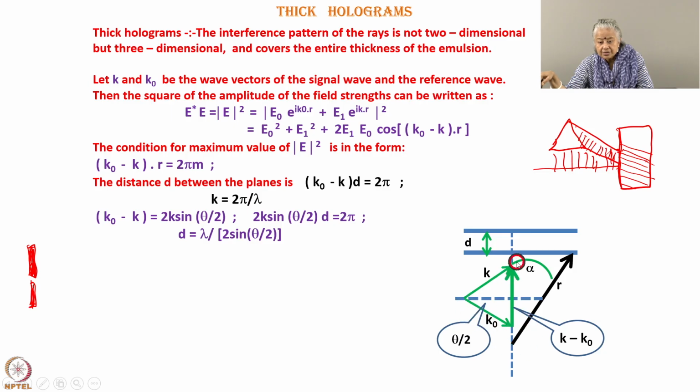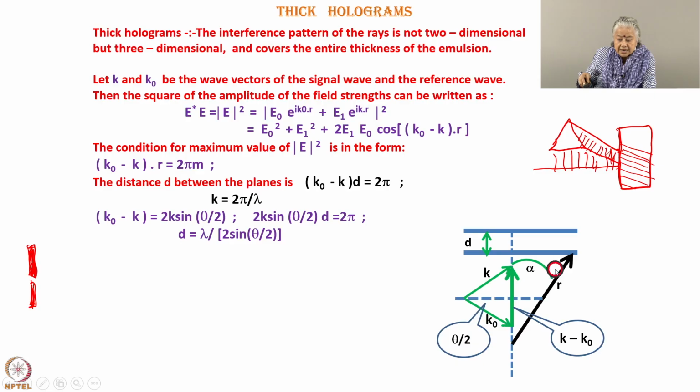Addition gives this vector. So, here I am doing some vector addition. Okay. So, it is k minus k0, which is this line. And theta by 2 is this small angle here. It is half the angle between k and k0. And my r is here.